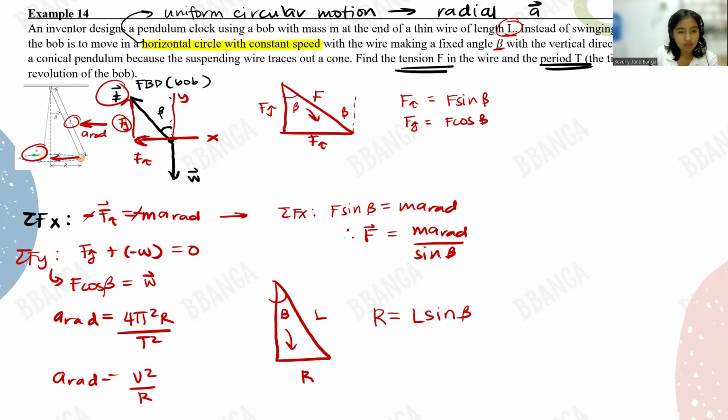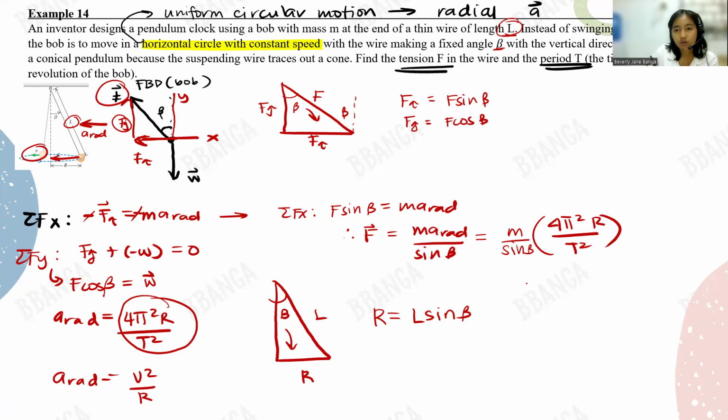So, ibig sabihin, pwede kong gamitin itong equation na to. So, magkakaroon ako ngayon ng M over sine beta. Yung A rad ko ay 4 pi squared R over T squared.